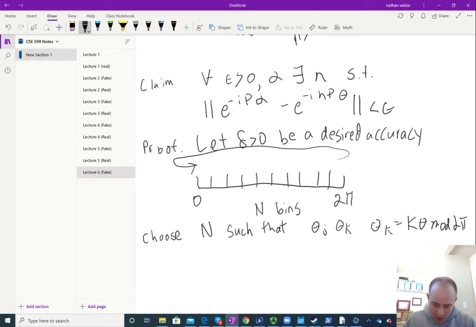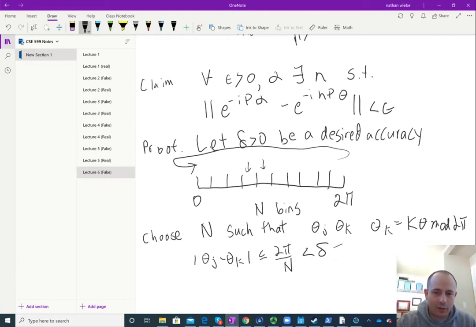Okay, so we want to choose this so that theta_j minus theta_k, which are the corresponding angles at the center of each of those bins, is less than or equal to 2 pi over n, and we want to choose n such that this is less than delta, where delta is our desired accuracy.